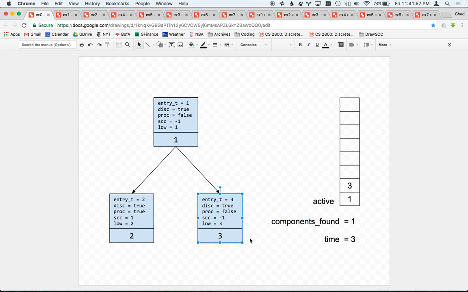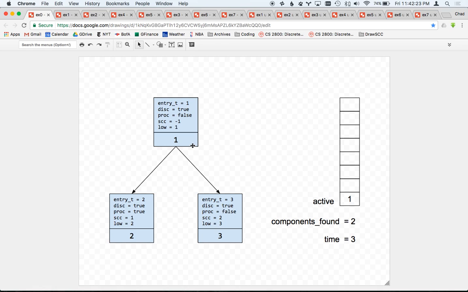And then we look for edges out from vertex 3. There are none, so we process it late, discover that low of 3 equals 3, increment the components found, pop vertex 3 off of the active stack, and mark strongly connected component number 2 for vertex 3. It is its own strongly connected component.